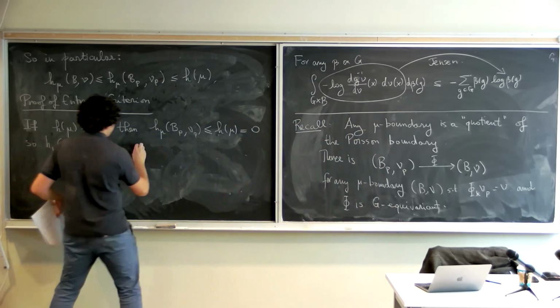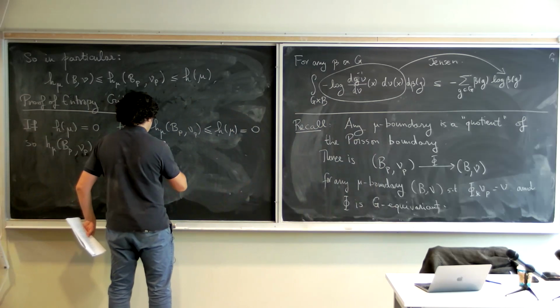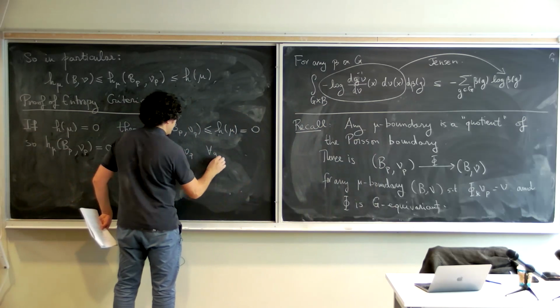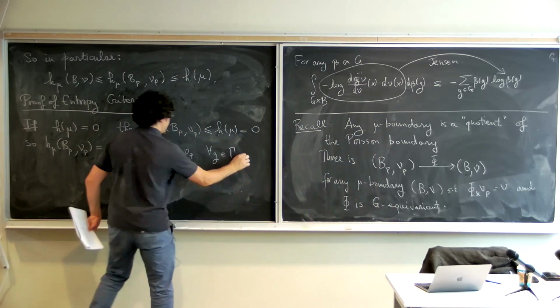So in particular, we can say that g star nu_P equals nu_P for any g in Gamma_mu.